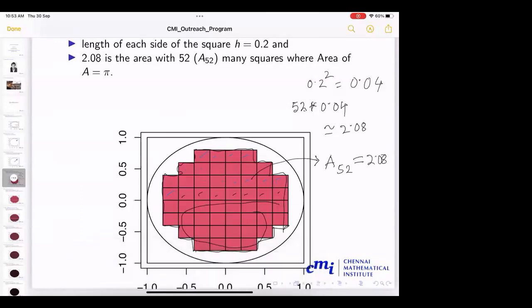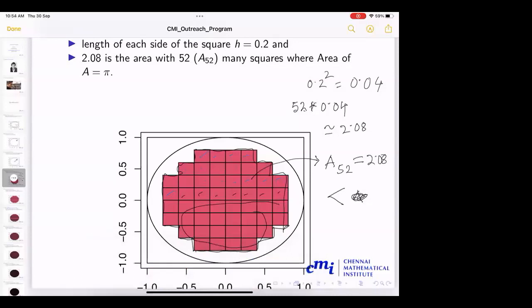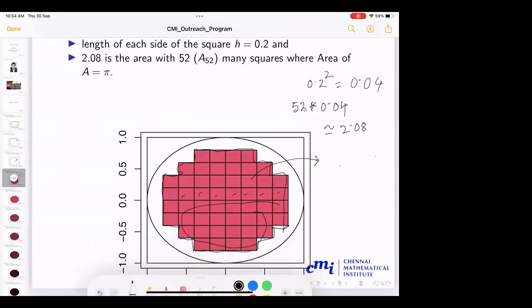And the area of this geometric shape must be less than the area of the circle, which is actually pi. Let us use a slightly different notation, otherwise I'll mess up the notation.